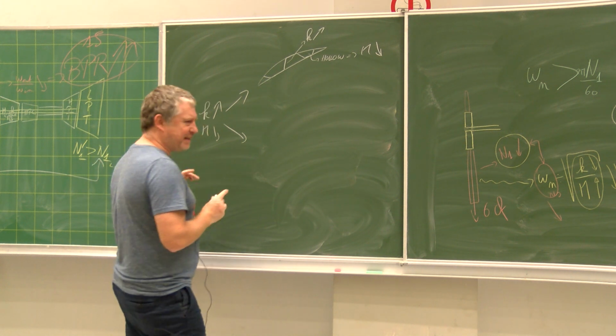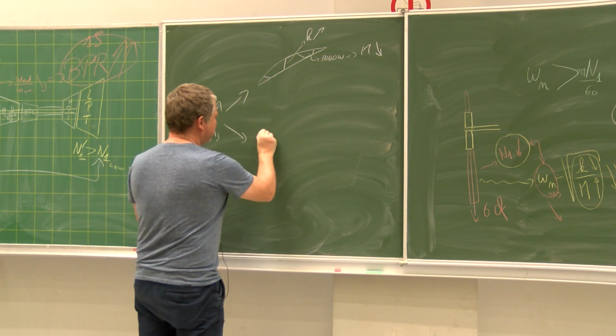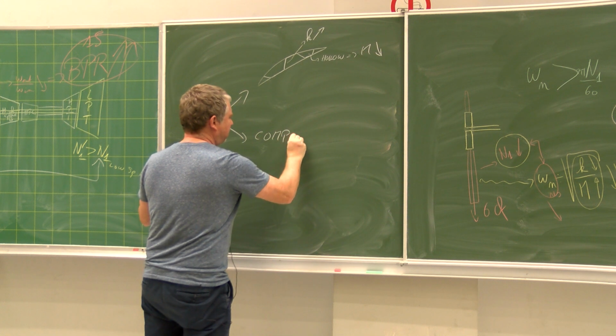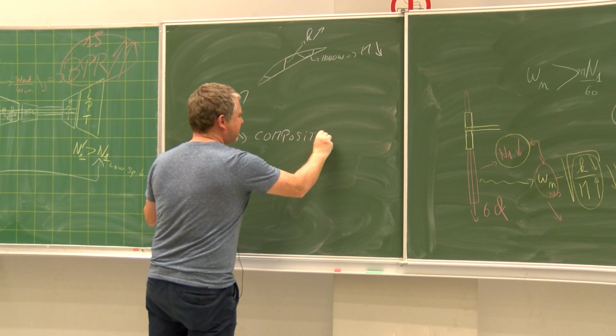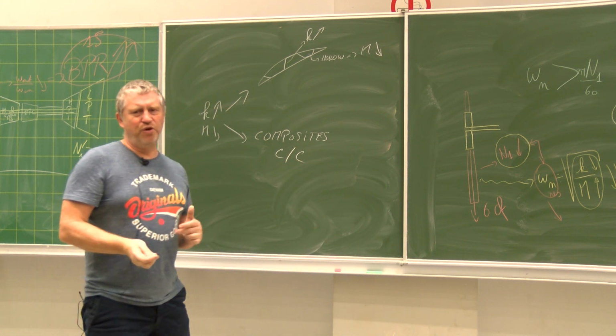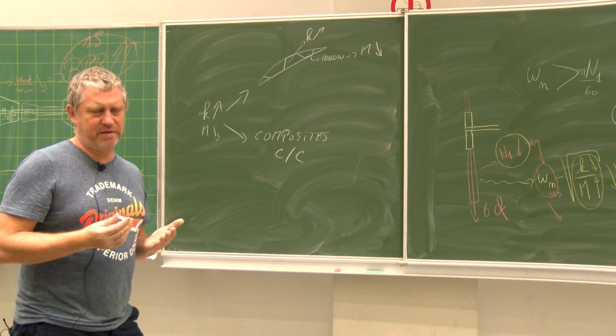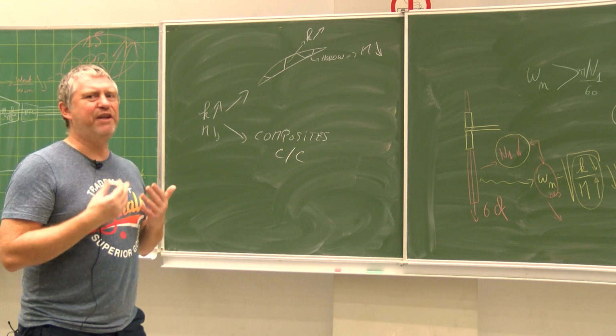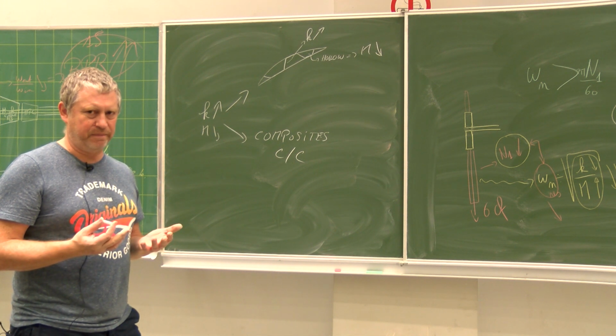And the second big technology is to use composite blades, made of carbon-carbon. So you have fibers that are in carbon, and the matrix is also in carbon.